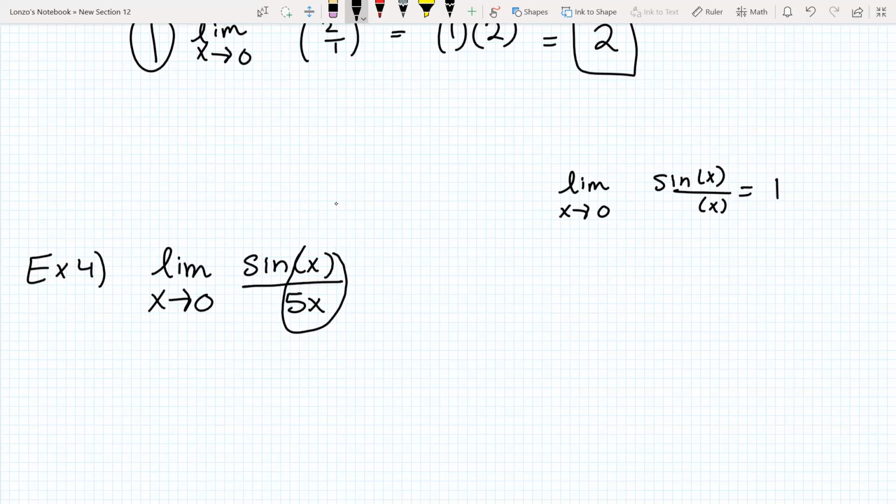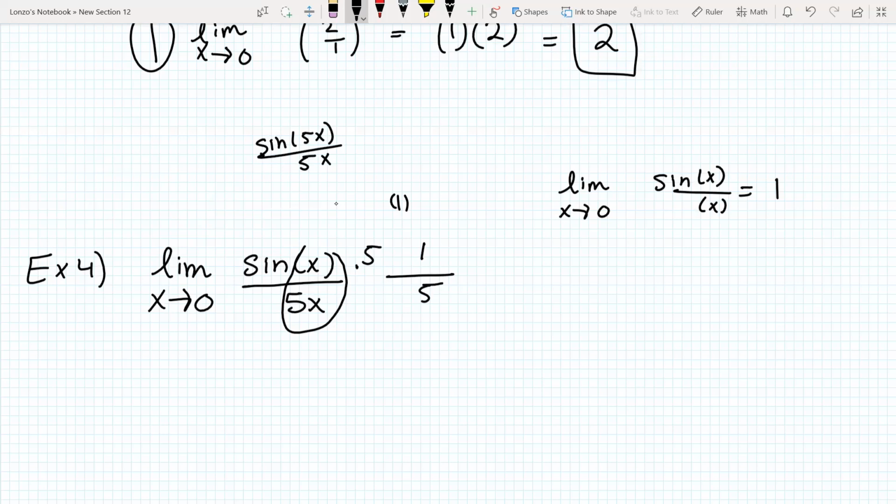You can either factor out this 1/5, or you can just make them both sine of 5x over 5x. So let's do that. I'm going to have to multiply this numerator by 5 in order to get 5x. But in order to balance it, I have to multiply by 1 over 5, because 5 times 1 over 5 is technically 1, which doesn't really change the problem.